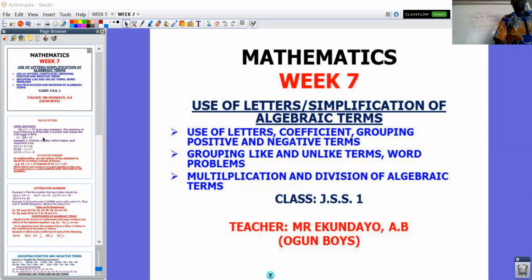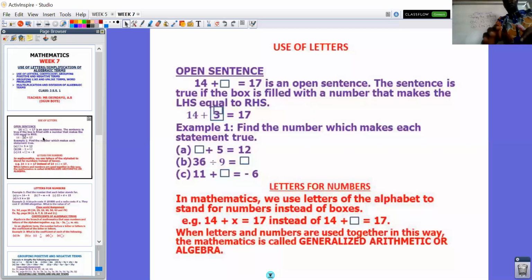So I'll take you to the first slide. Write what you see on the board now. Write everything down. We are starting with open sentence.